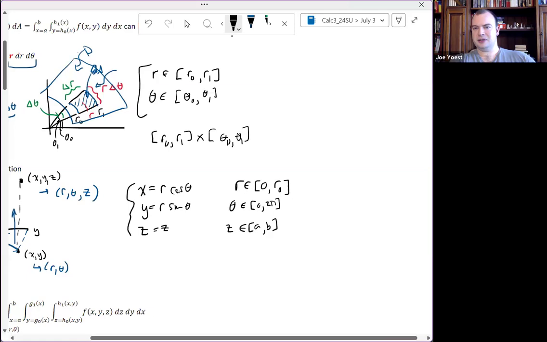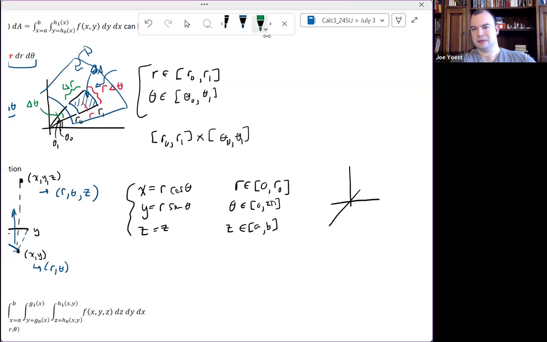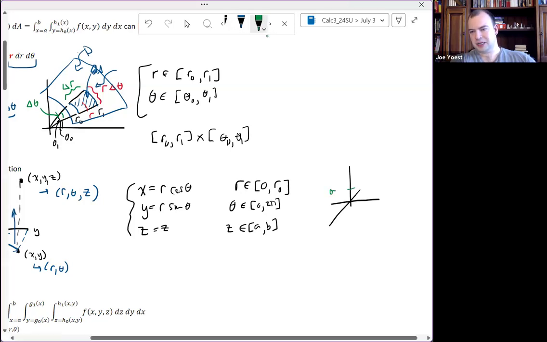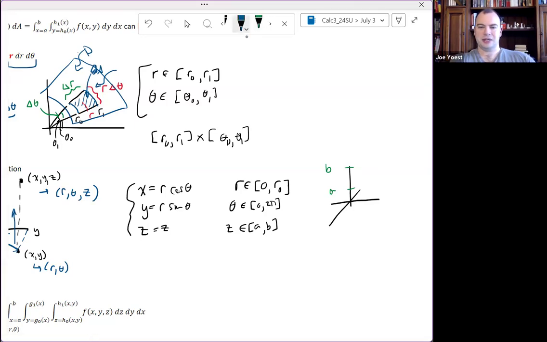And let me just come over here to the side. So we'll go from z equals a to z equals b. And I see that theta is going from 0 to 2 pi. So we're going all the way around the xy direction. And r is going from 0 to r naught.